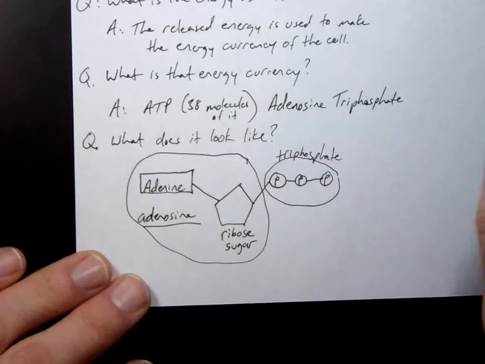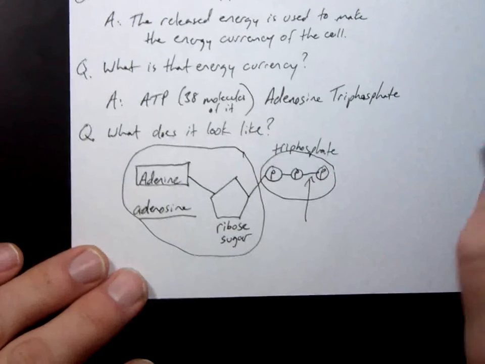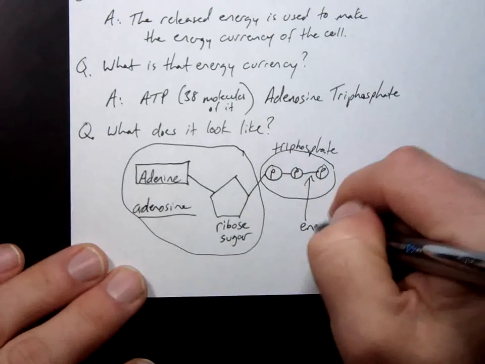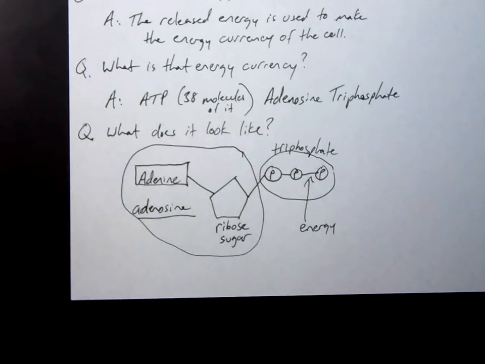Okay, this part right here is important because that's where the energy is. So the energy in all the things that we eat is truly stored in the chemical bonds. And when we break those bonds apart, energy is released. Or we set fire to them and break the bonds, the energy is released.